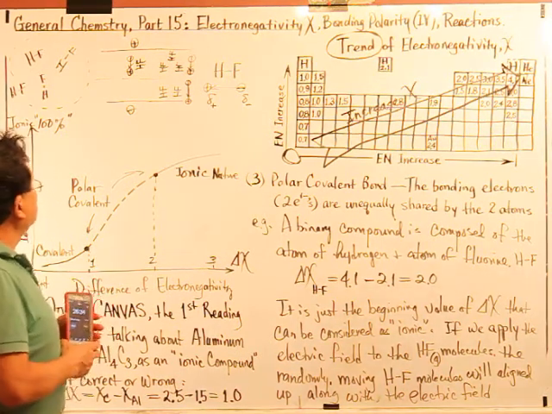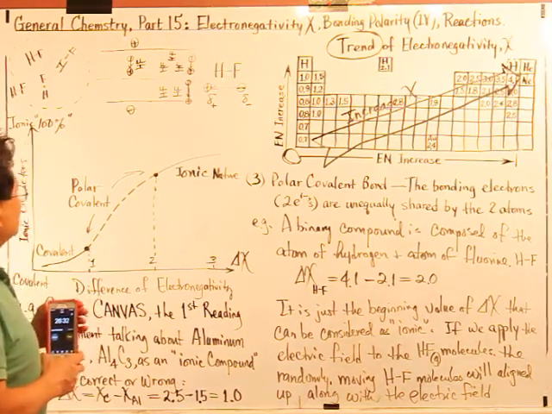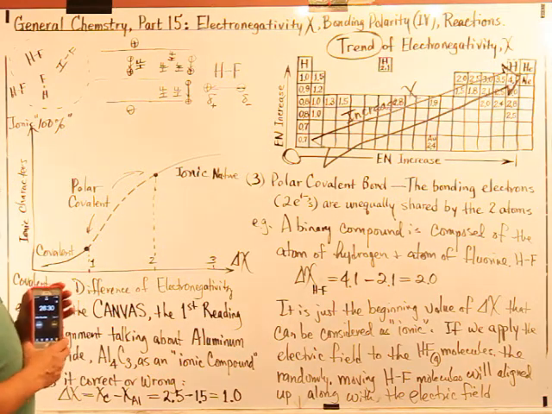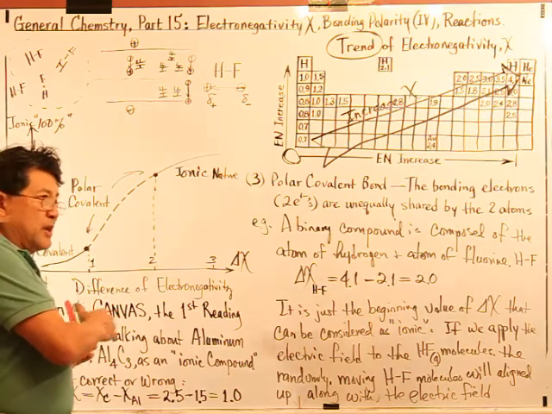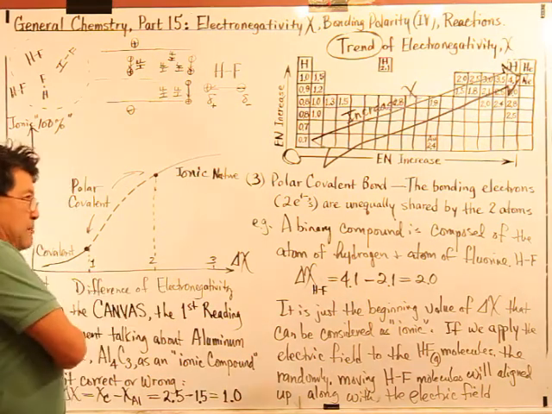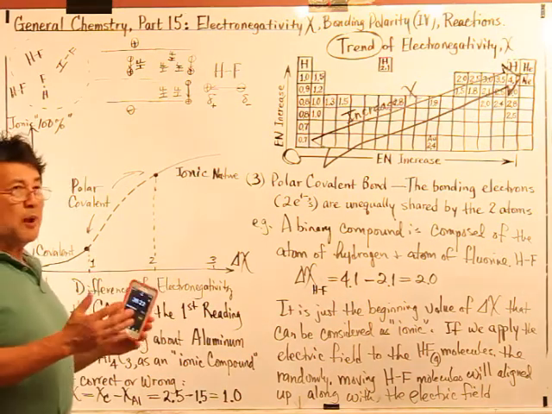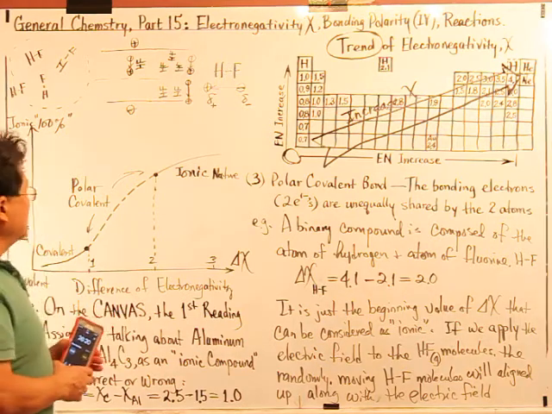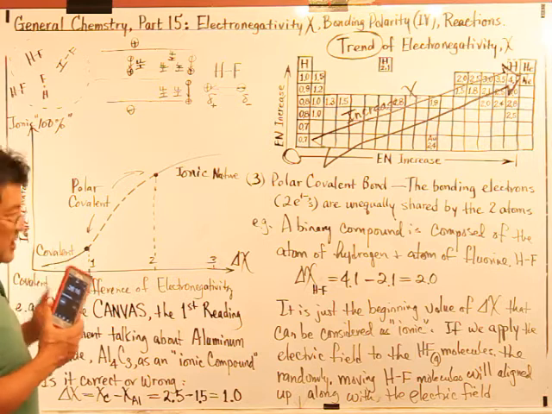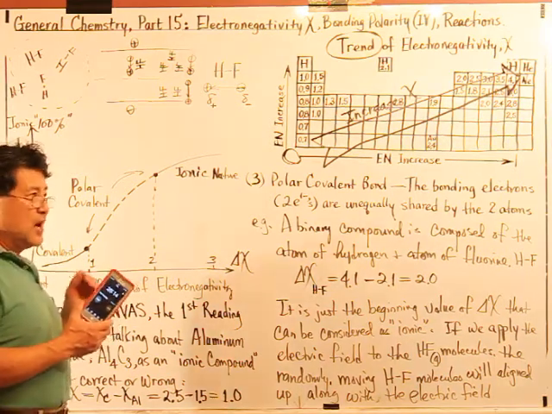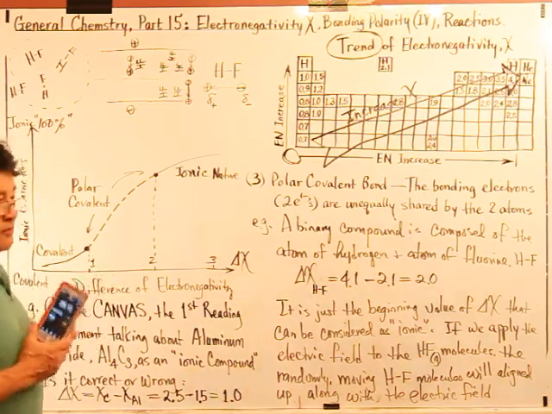So when we make a judgment of a chemical compound, either as polar ionic, or non-polar covalent, or in between which we call polar covalent, we use that table to find the difference of the electronegativities of the two elements involved in the bonding formation.